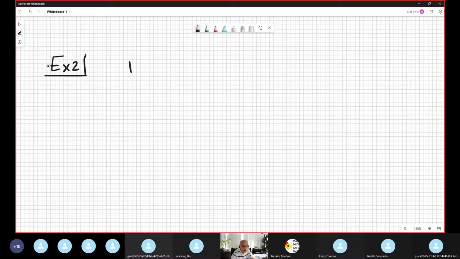We have 16y squared minus 9x squared equals 144. It's obvious that this equation is not already expressed in standard form. The right hand side is 144.